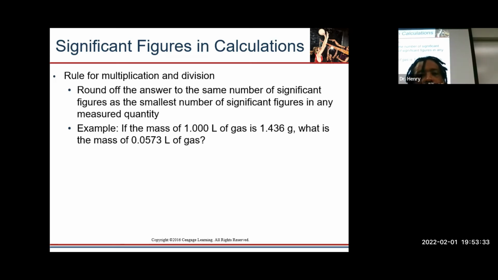Okay, so what is my given? Okay, so 0.0573 liters is my given. So then what are my equivalencies?